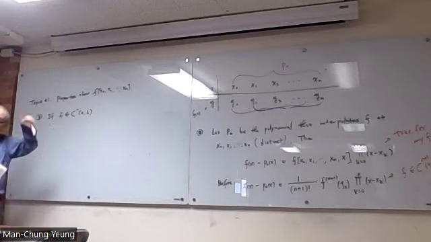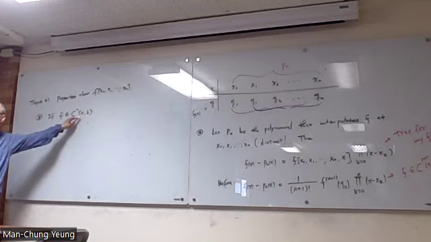C means continuous. For example, sine is in this set.